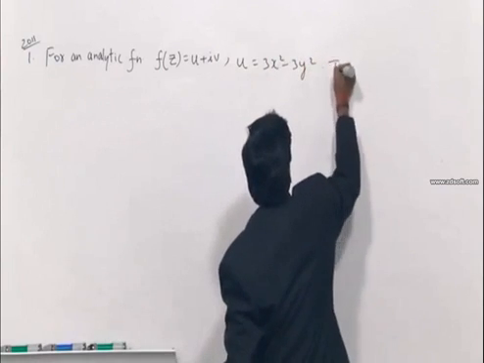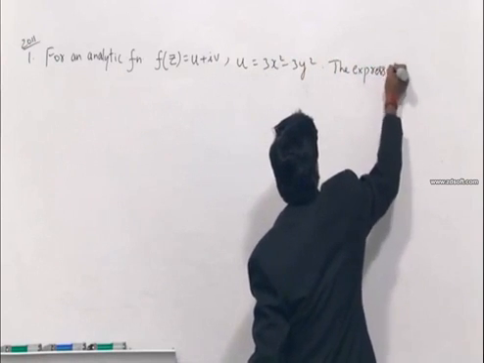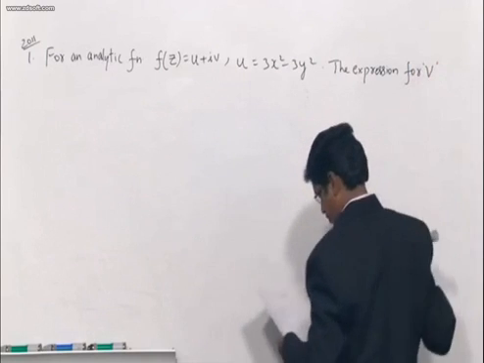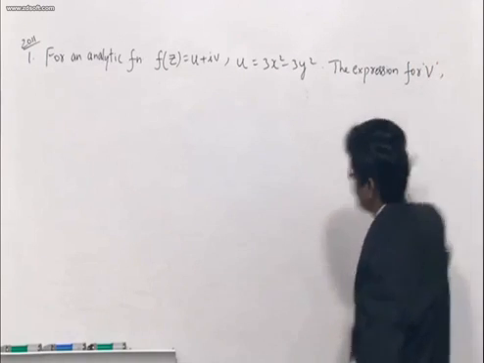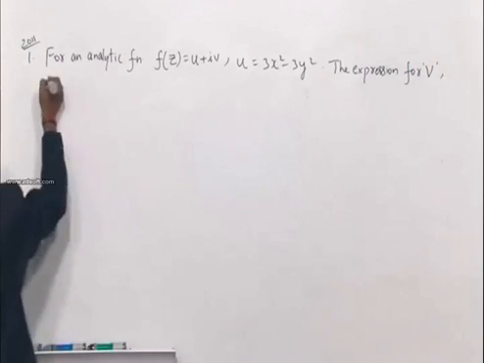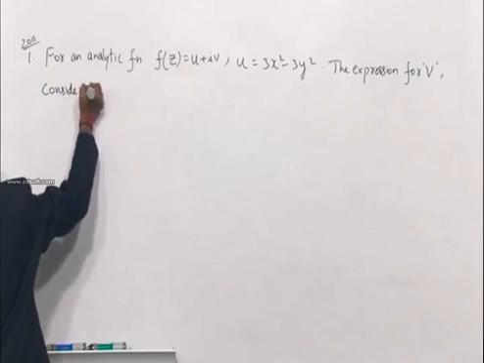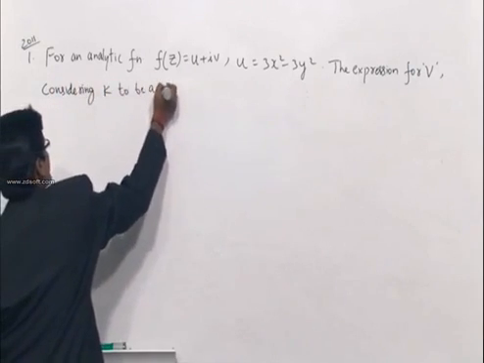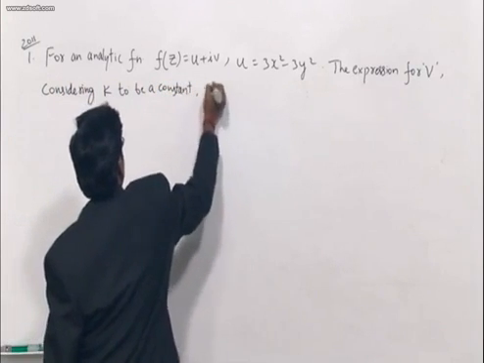The expression for v, considering k to be a constant, is dash.